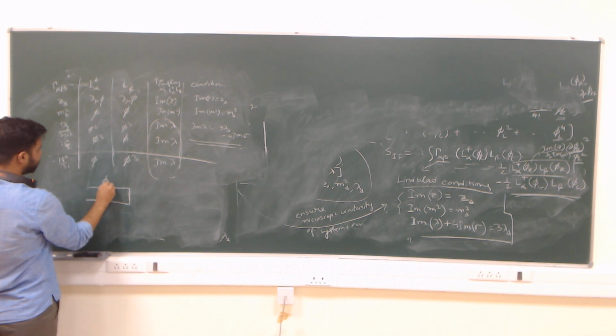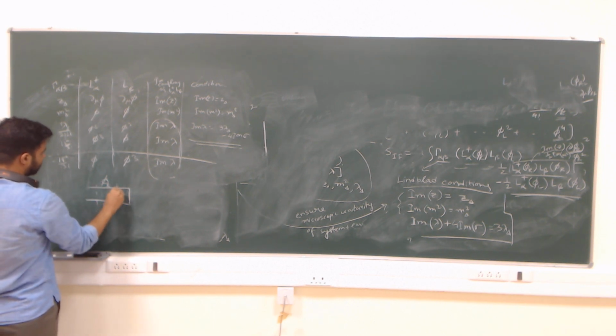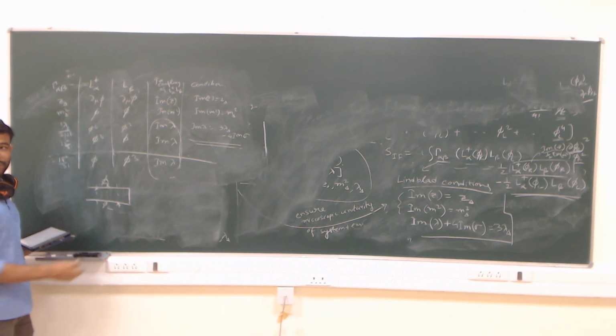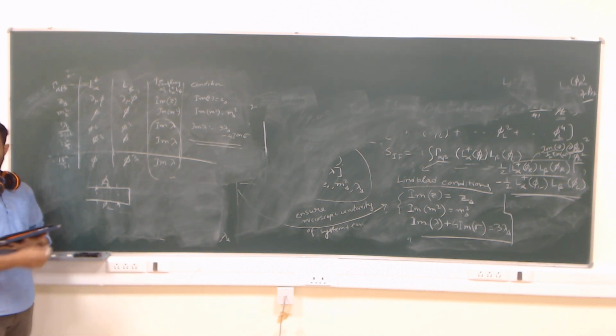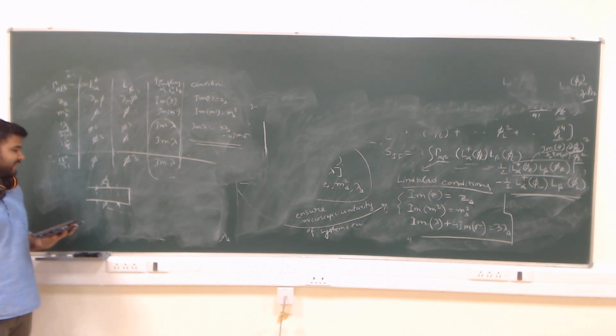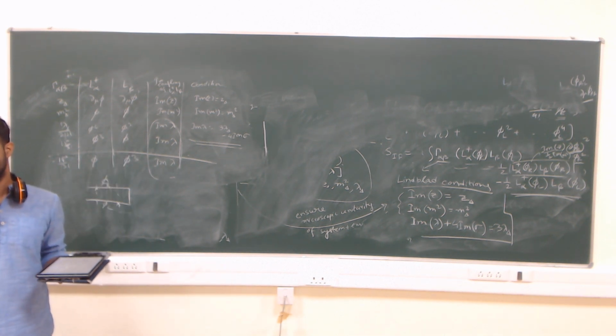The upper branch is phi r, the lower branch is phi l. And if you have this kind of operator insertions, then you have a phi r phi l mixed term, and that will violate the inequality. I mean, if in the action you have that term, then it will violate the inequality.